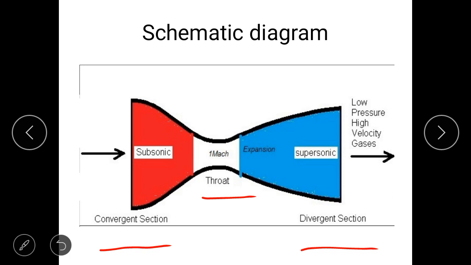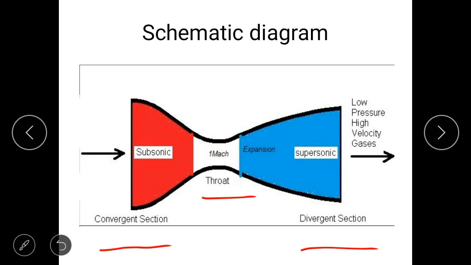In this portion, the Mach number is less than 1 and the flow is definitely subsonic. These are the important keywords in the types of nozzle. They are related to the Mach number, the types of flow, and the size of the area of the nozzle. The second portion is the throat portion.